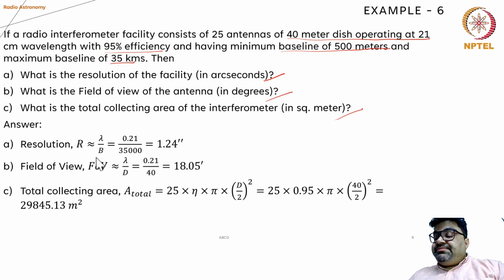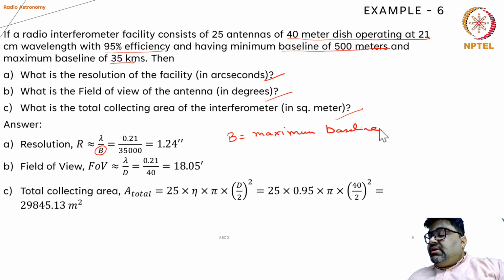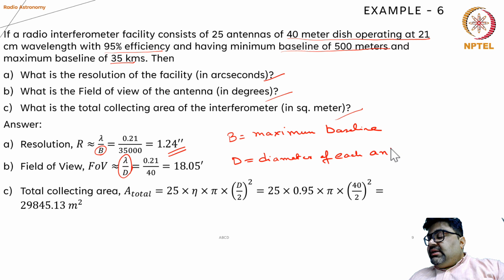So resolution is lambda divided by the maximum baseline. This B is nothing but the maximum baseline in an interferometer. So if you convert them, you get 1.24 arc seconds. Field of view still remains close to that of the individual antenna. So it links with D, which is the diameter of each antenna.